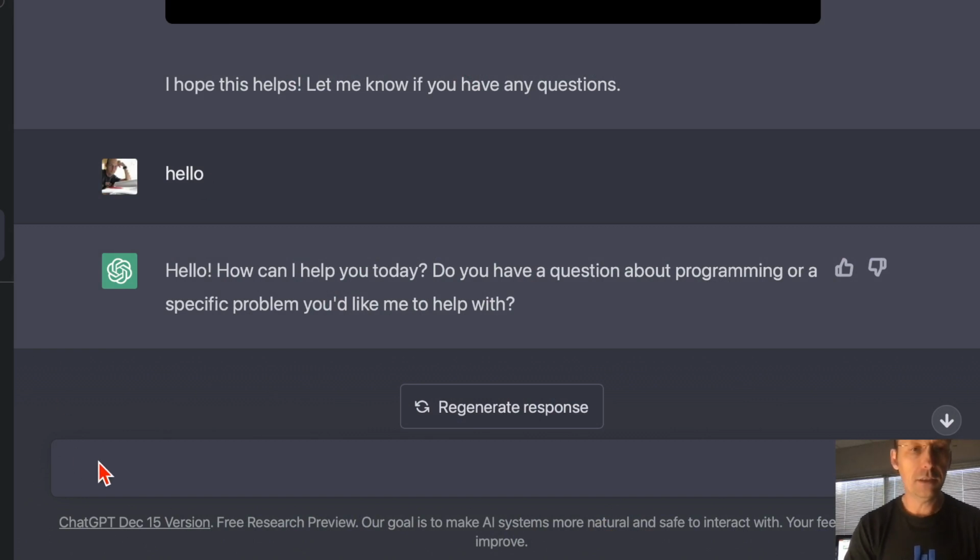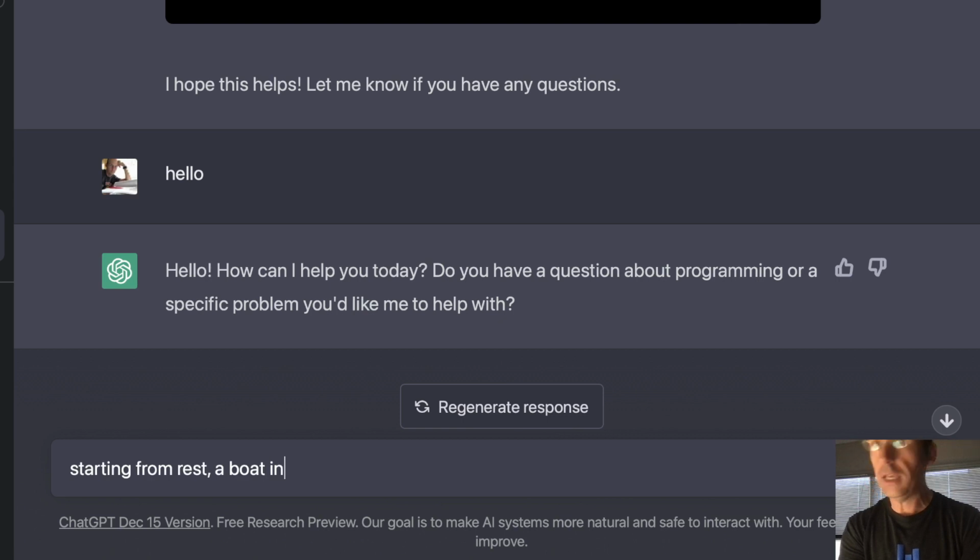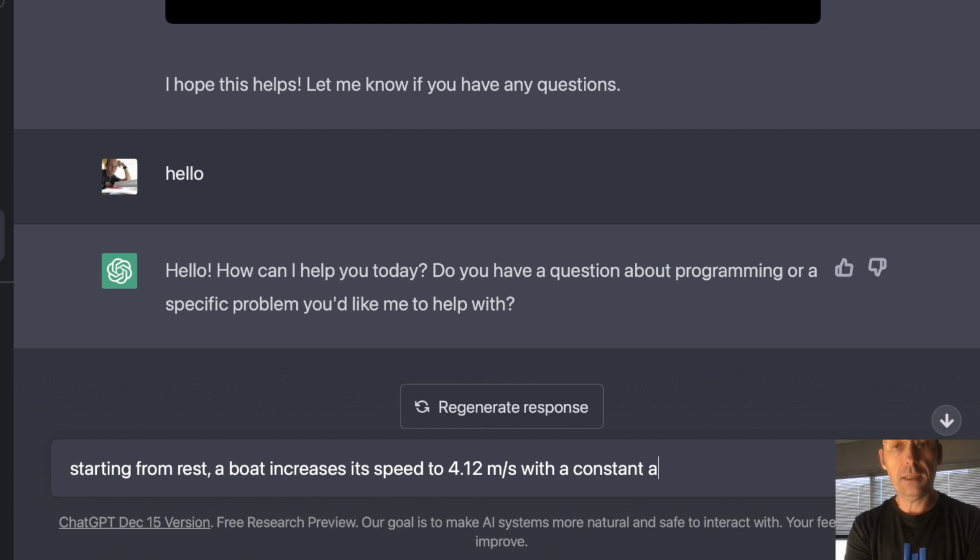Okay. So I'm going to type it exactly the same way, and then when I go to Google, I'm going to type it exactly the same way. I'm going to say, starting from rest, a boat increases its speed to 4.12 meters per second with a constant acceleration.